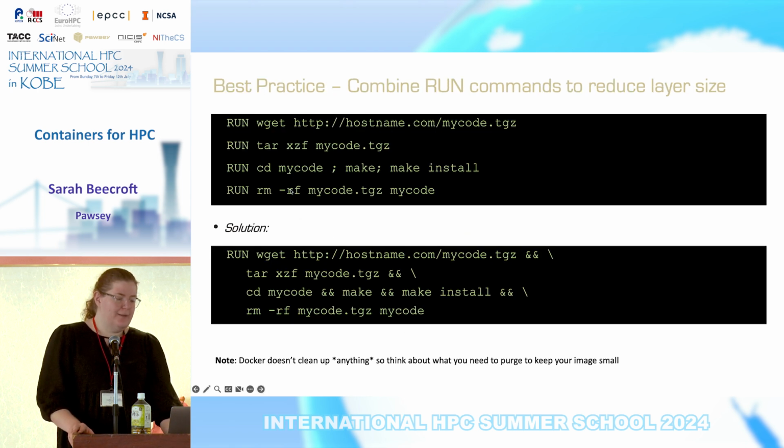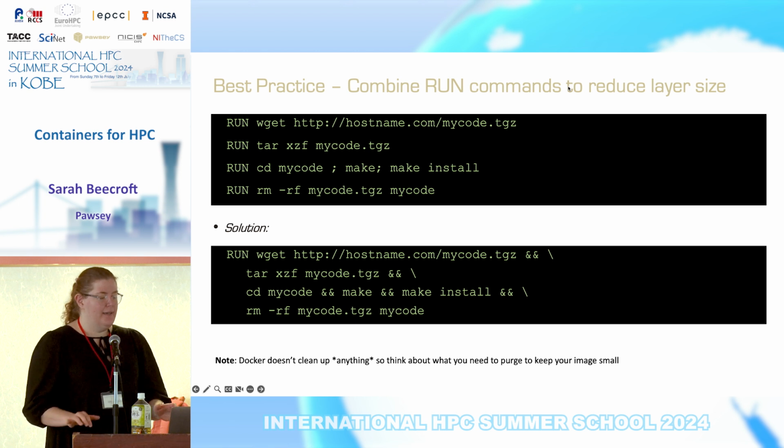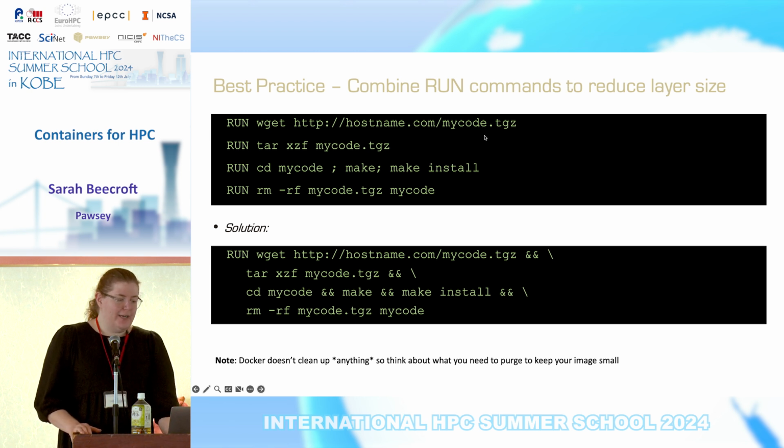So the best practice that comes out of that is combining your run commands as much as possible to reduce the layer size. Here on the top is not the best practice, where you have each thing separately. I'm doing a wget, I'm unzipping the file I got, I'm cding into the directory and doing make install, then I'm removing the file that I downloaded.